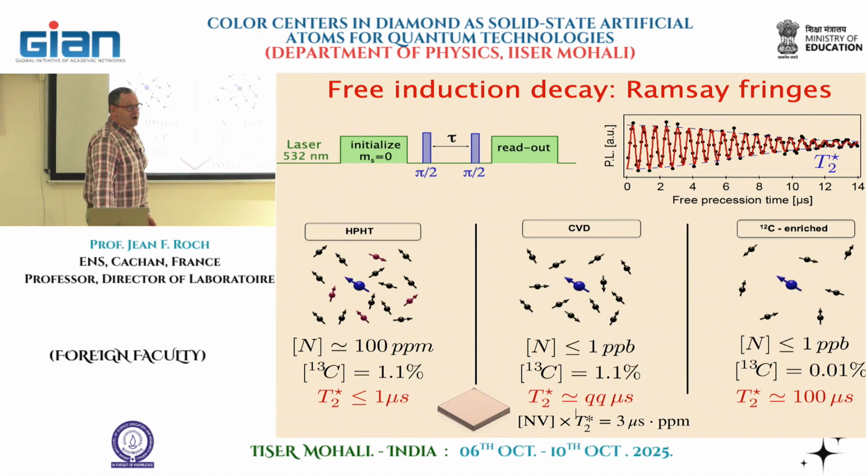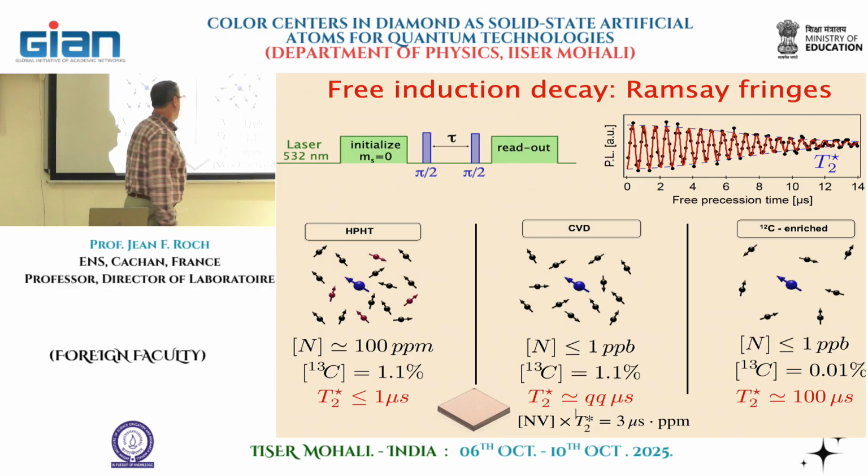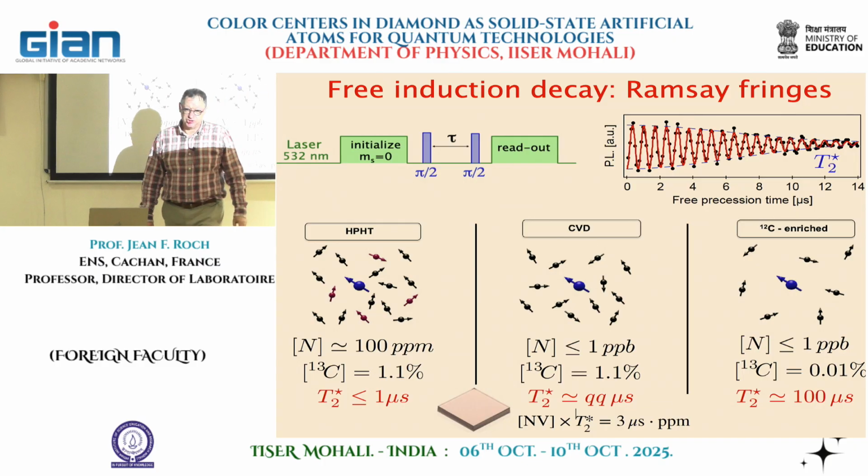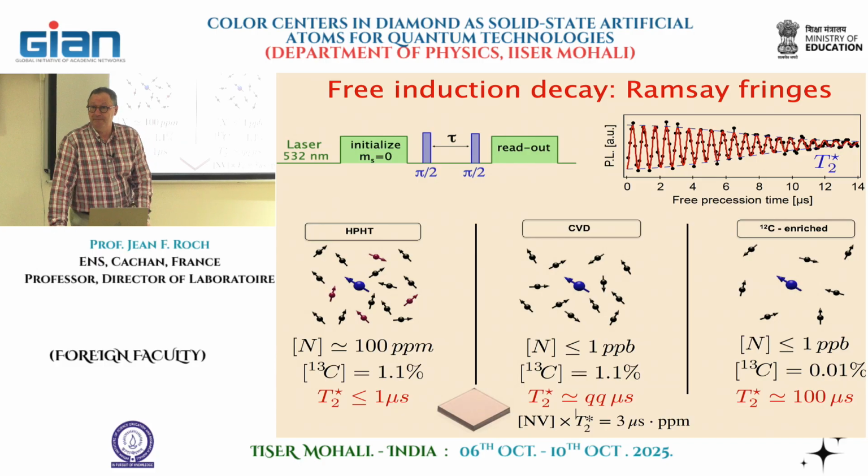And somehow all the practical NV magnetometers are now built from those materials, in which you will have a concentration of NV of a few ppm within this carbon-12 environment. Okay?